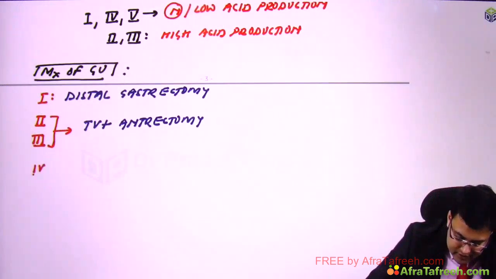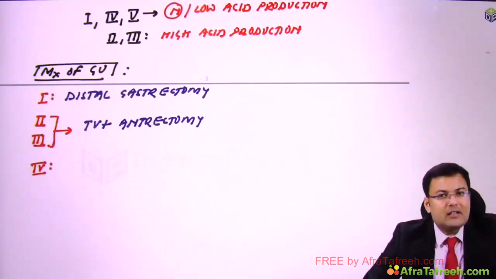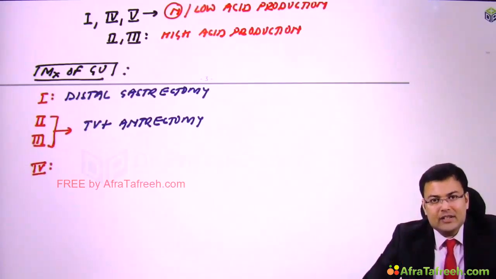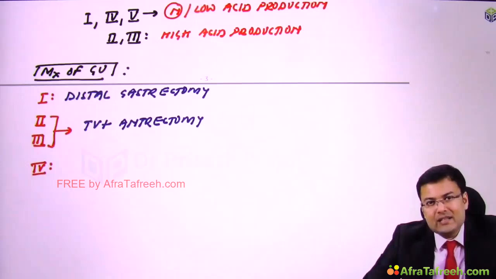After that, for type 4, you have seen that in type 4, the ulcer is located high on the lesser curvature, and that's why we have to go for certain specialized procedures.